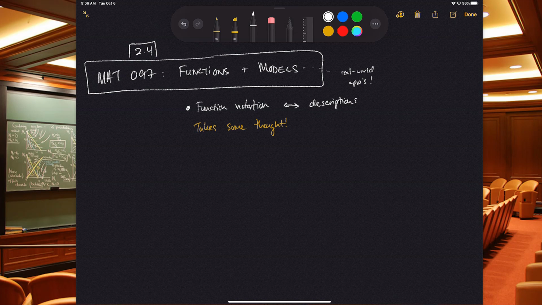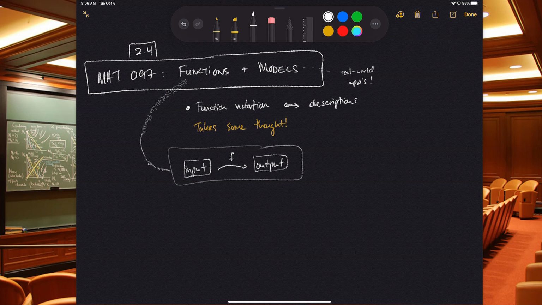And so what we know about functions is that we have an input that's dictated by some rule and goes to exactly one output. And can we represent a given description with this notation in the proper order?